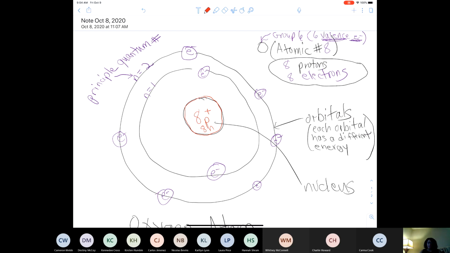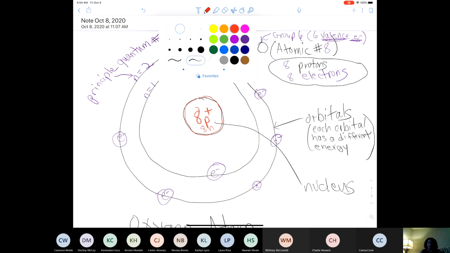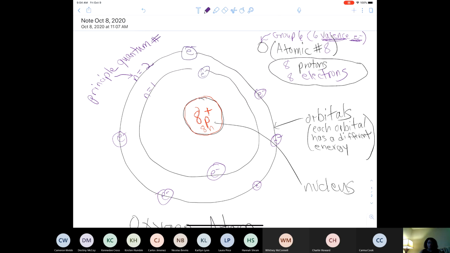Oxygen having 8 protons inside of the nucleus, and as a neutral atom, that means that oxygen also has 8 electrons. And those 8 electrons orbit the nucleus.